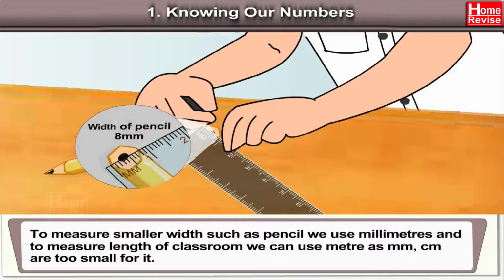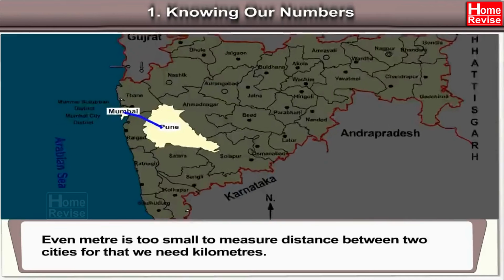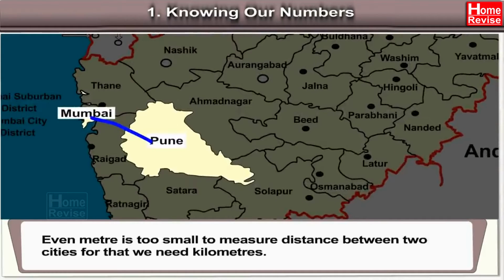And to measure length of a classroom, we can use meter, as millimeter and centimeters are too small for it. You know what, kids? Even meter is too small to measure distance between the cities. For that, we need kilometers.